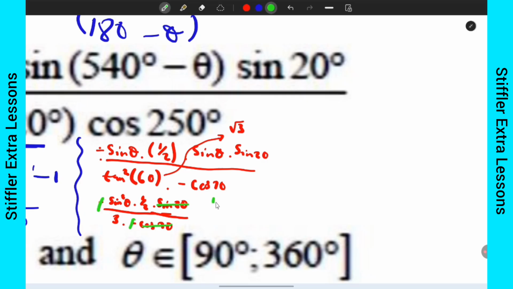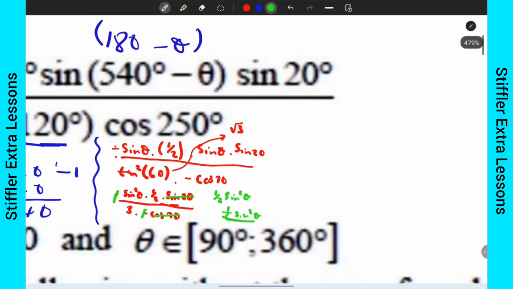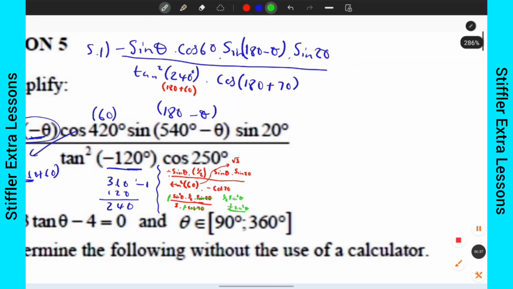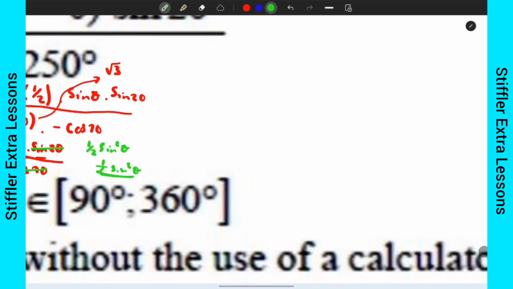So we are going to have half sine squared theta all divided by 3. So this will be 1 over 6 sine squared theta, something like that, right? Yeah, so I think that will be our answer. As we said, this will be 1 over 6 sine squared theta, as simple as that.